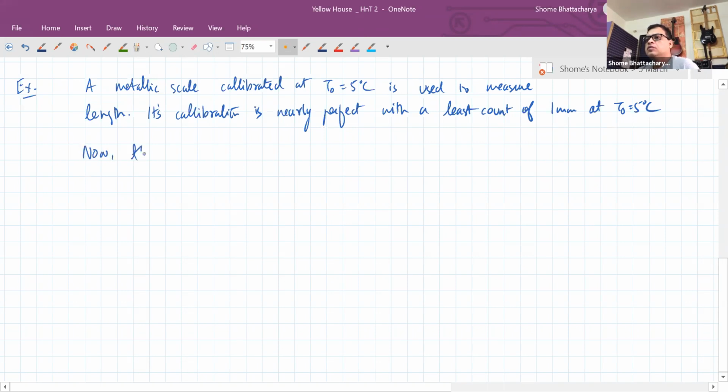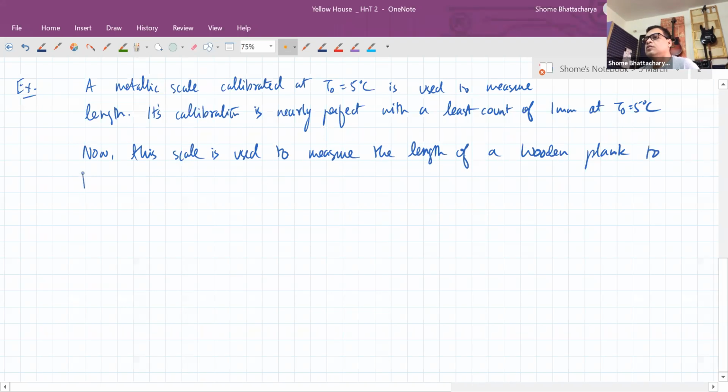Now this scale is used to measure the length of a wooden plank, to be L naught equal to 400.0 centimeters at T naught equal to 5 degrees.